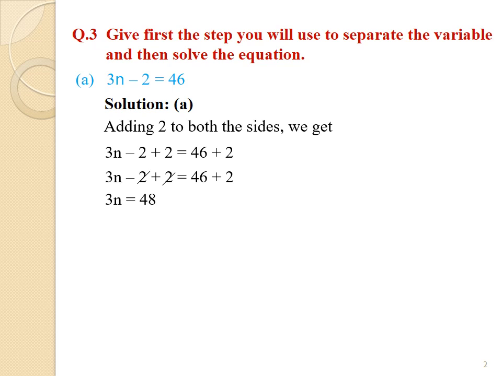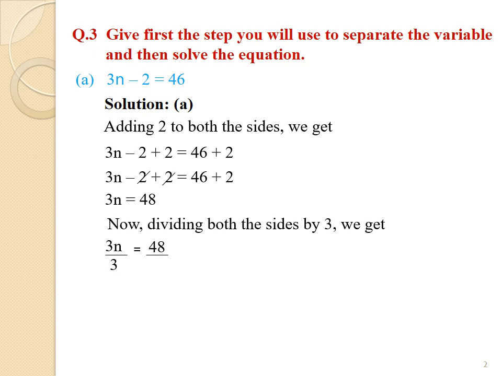Now, dividing both the sides by 3, we get 3n upon 3 equals to 48 upon 3.